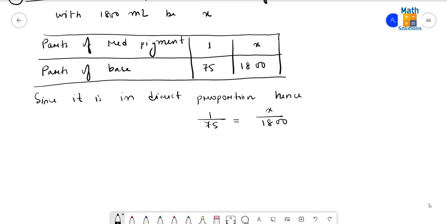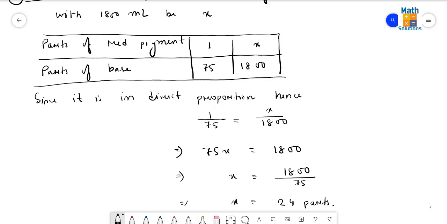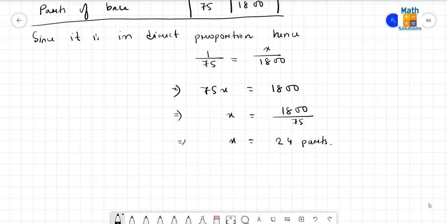On cross multiplication, 75x equals 1800. So x will be equal to 1800 by 75. On cancelling we shall get the result to be 24 parts. And this is the answer for question number 3.